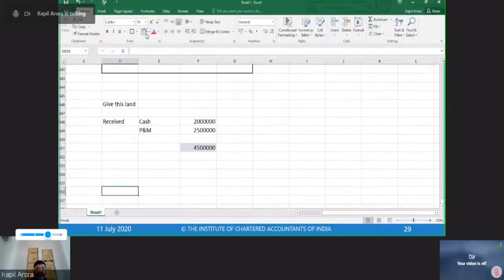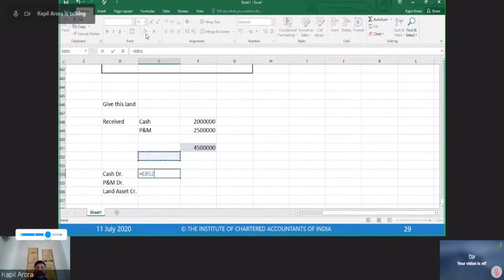So what will come? Cash debit, plant and machinery debit, and land asset credit.